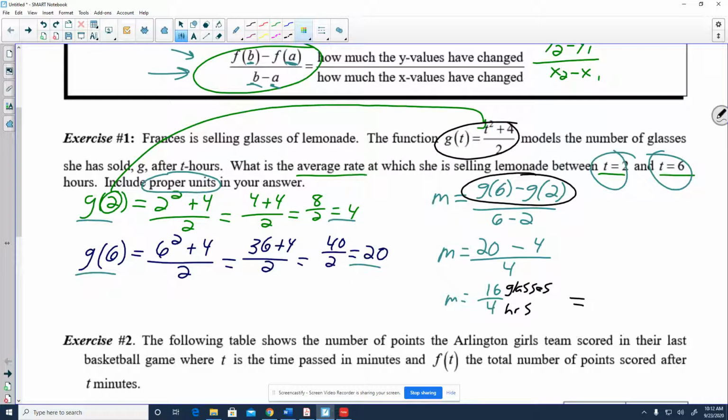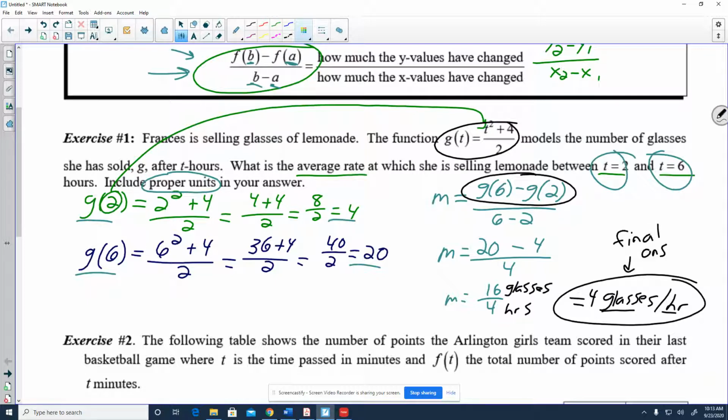When we divide 16 by 4, we get that Francis is selling 4 glasses of lemonade per hour. Our units are in the exact order that we're dividing in, numerator over denominator. So our final answer is 4 glasses per hour.